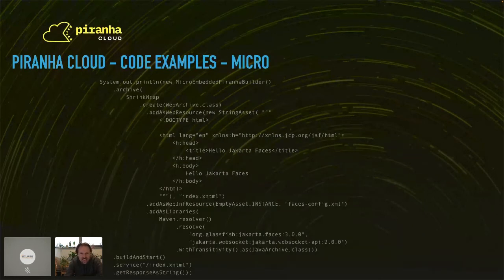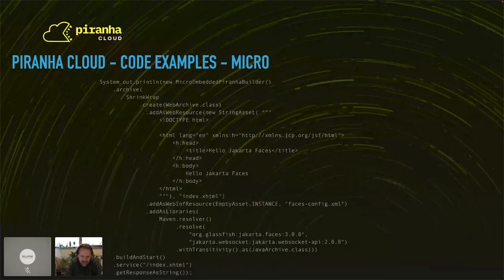Okay, then take a look at Piranha Micro, sorry. And here it's used as the embedded, in the embedded version. So we have an isolated class loader environment here. So it doesn't pick up things from the class path.